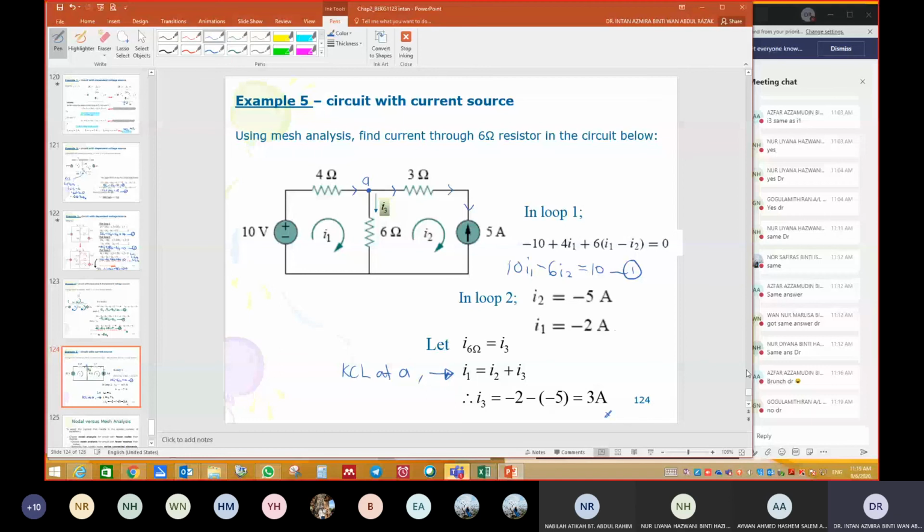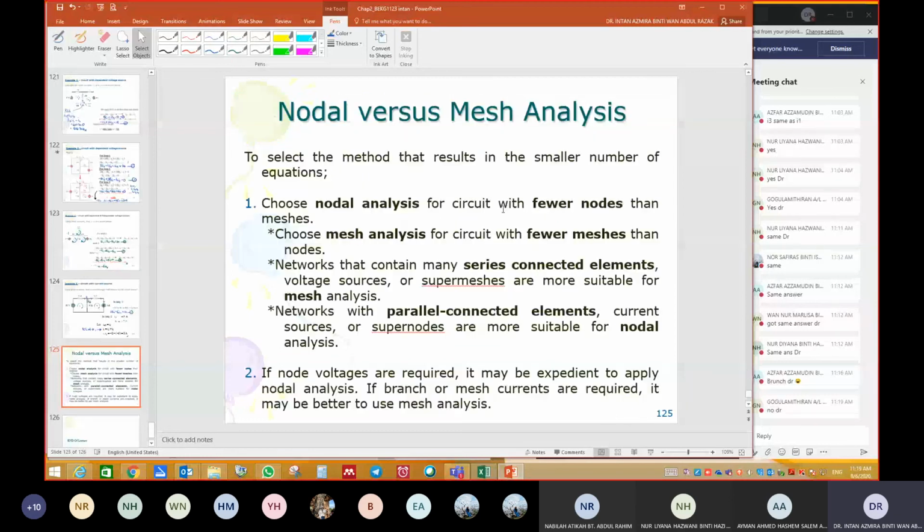Choose nodal for a circuit with fewer nodes. Choose mesh for fewer meshes. A network that contains many series connections is more suitable to use mesh. A network with parallel connections is more suitable to use nodal analysis.